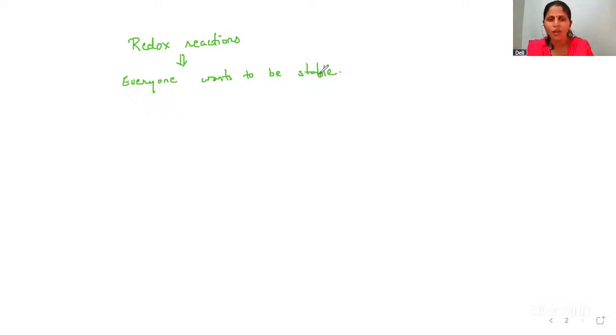Similarly, when we talk about redox reactions, what is the bottom line? Understand this much: every compound, every atom, every element, everyone wants to be stable. This is what we are going to study in detail.